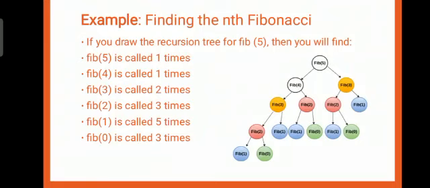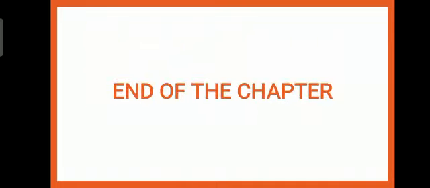So dynamic programming is not useful when there are no overlapping common subproblems, because there is no need to store results if they are not needed again and again. From the above diagram, we can see that Fib3 is calculated 2 times and Fib2 is calculated 3 times, and so on. This is the end of the chapter. Thank you.